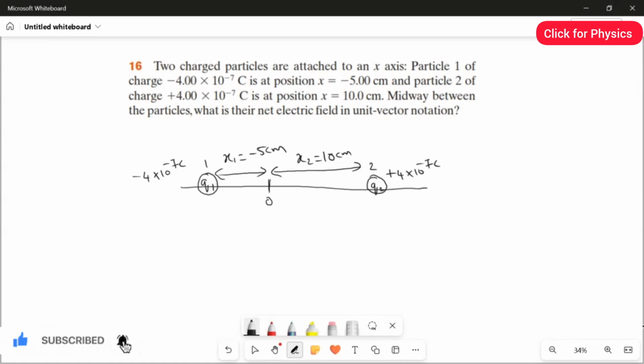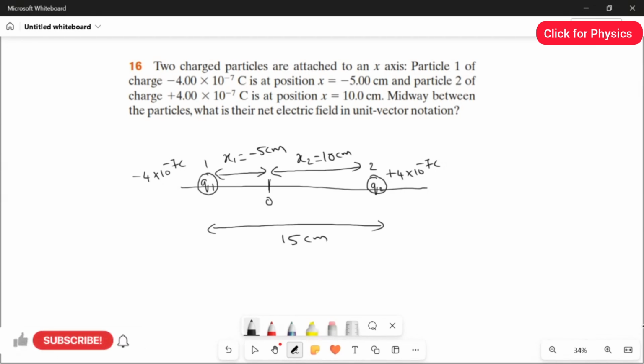So we have to find the midpoint. First, let's take the total distance between the two particles. Here x1 is 5 centimeter and here we have 10 centimeter, so the total distance between q1 and q2 is 15 centimeter.